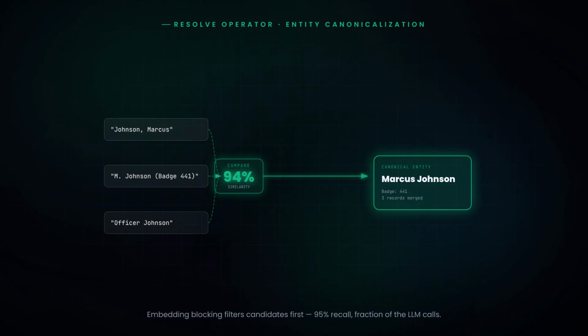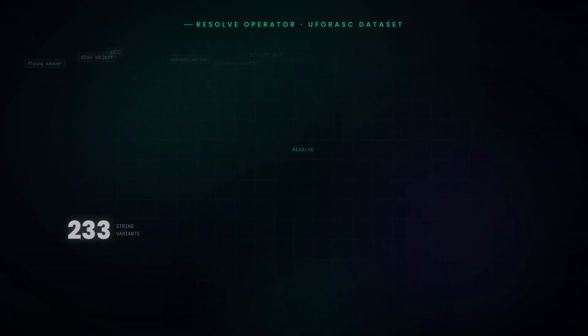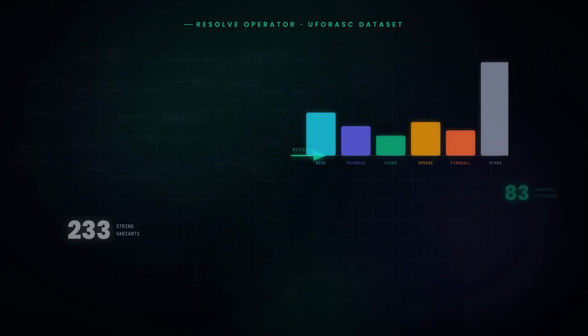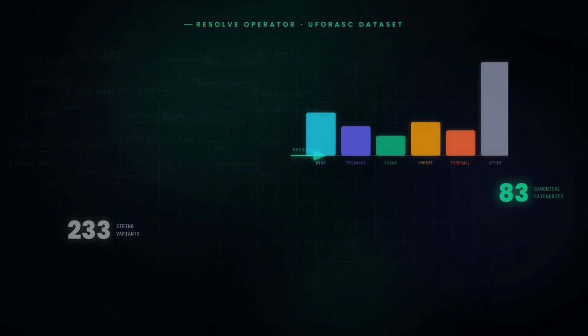The duplicate resolution directive handles entity canonicalization before aggregation. Before reducing by an LLM-generated key, run resolve first to unify semantic duplicates. In the declassified paranormal case file dataset, UFO sighting, category UFO sighting, and event type UFO sighting were 3 separate keys.